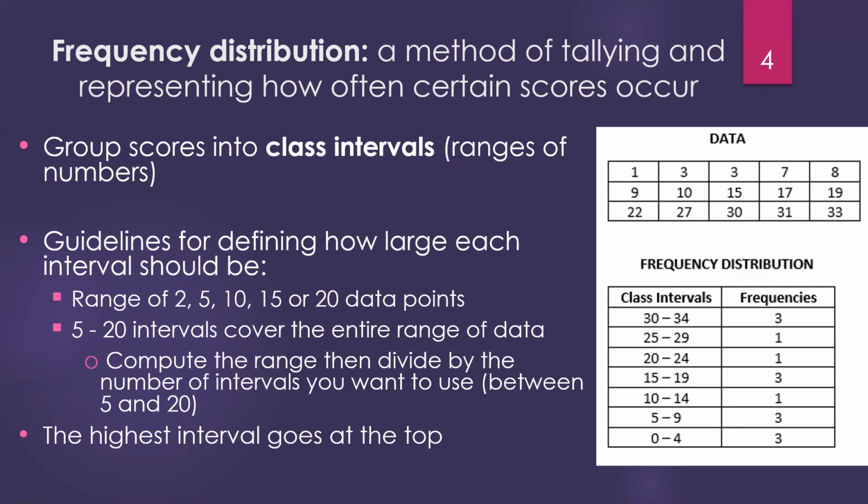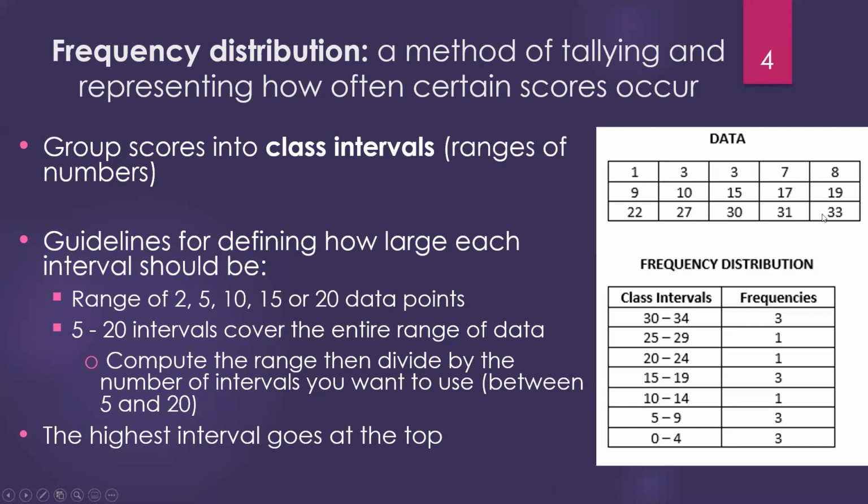You'll see what I mean by that in a minute. For this one, we know we want around 6 or 7 intervals, meaning around 6 or 7 different rows. Remember the formula for range is the highest value minus the lowest value.